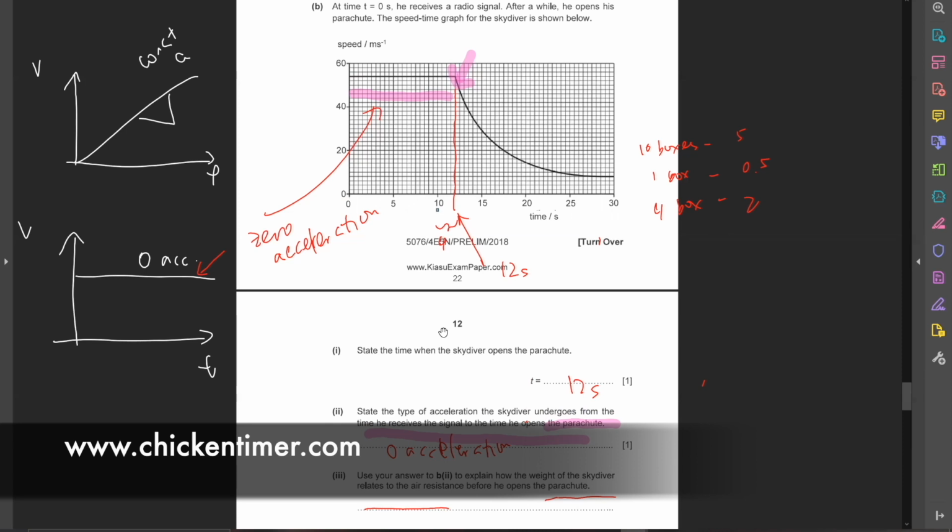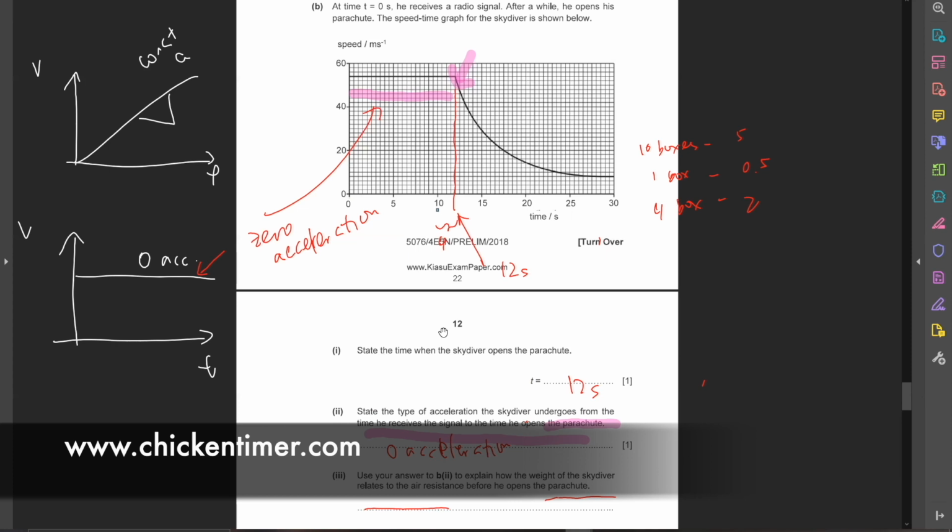So 2 marks for this one. I don't understand the question. What do they mean by weight relates to air resistance? That means the relationship between the weight and the air resistance.